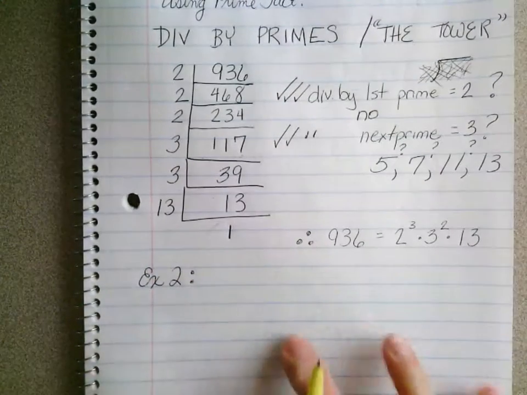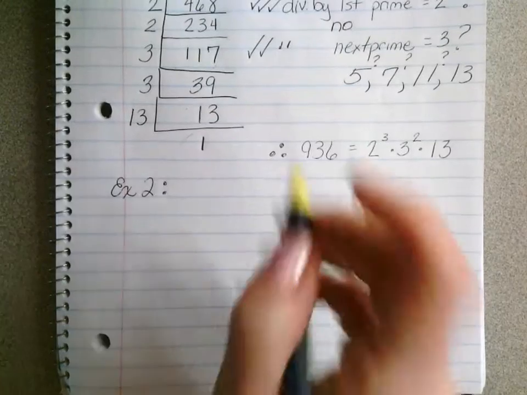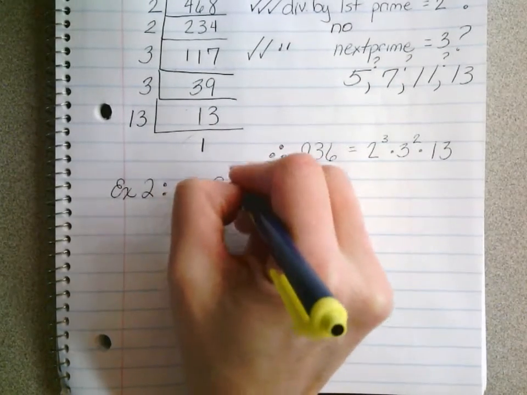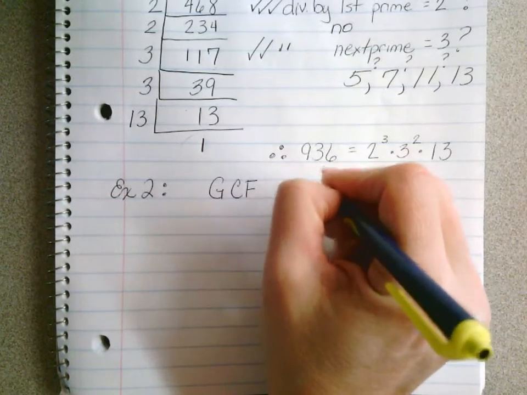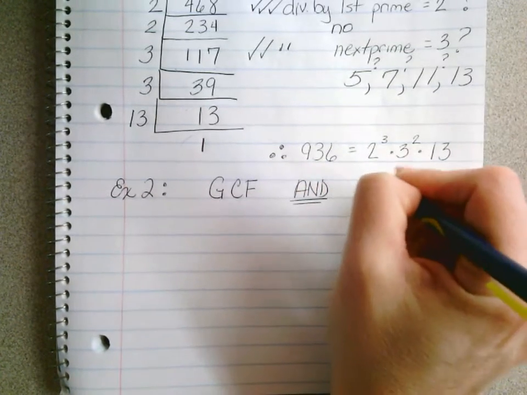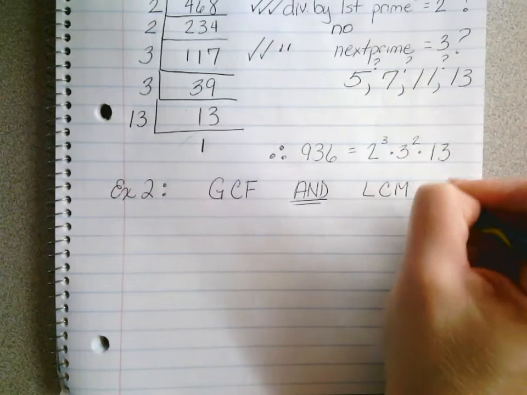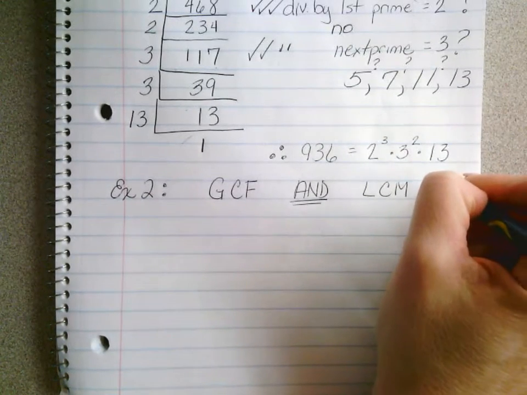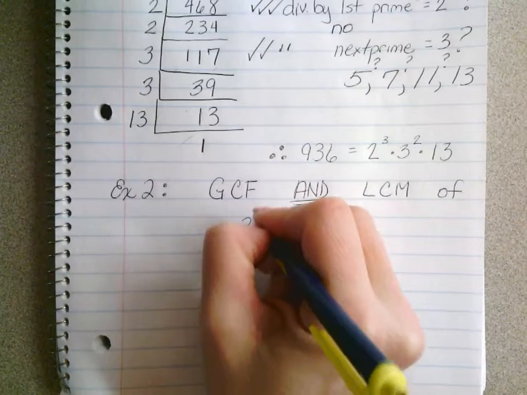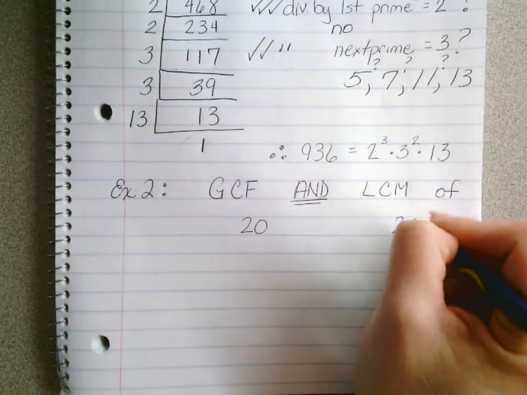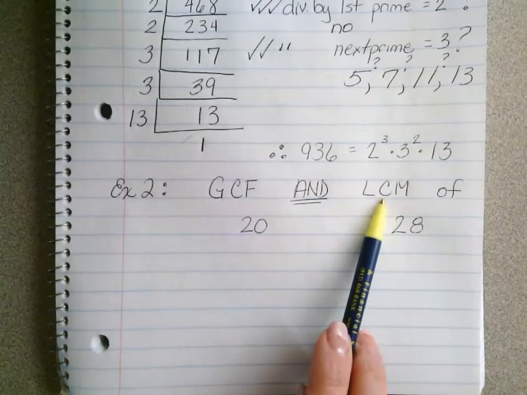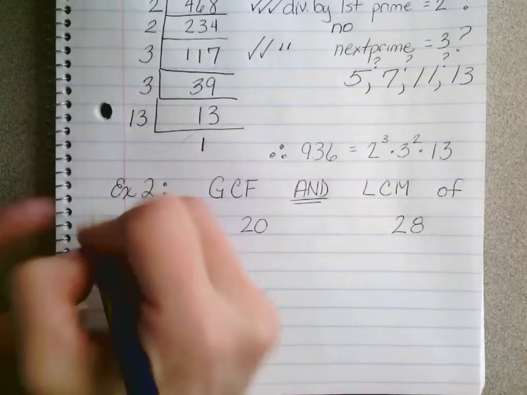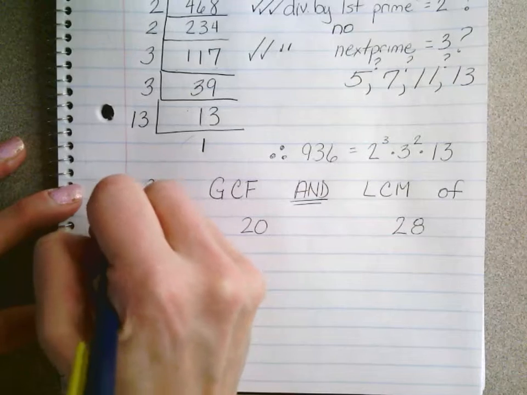Example 2 says, find the greatest common factor and least common multiple of the following numbers: 20 and 28. Okay, greatest common factor, least common multiple. Step 1, prime factor them.